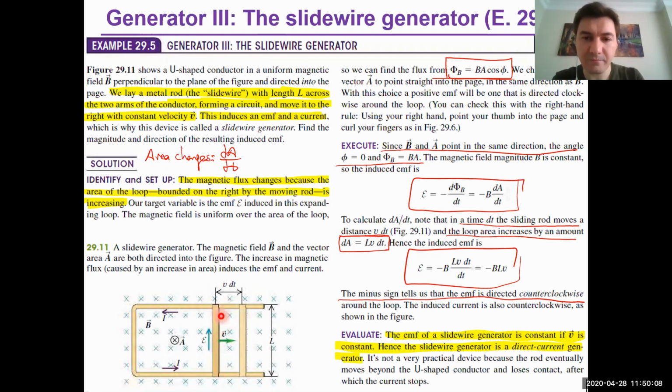Then put that dA here. So finally, the EMF produced by the slidewire is given by minus B L V. This is the magnetic field, this is the length of the slidewire, and this is the velocity. The minus sign tells us that the EMF is directed counterclockwise. In that direction, a current will be produced due to the movement of the slidewire to the right side.